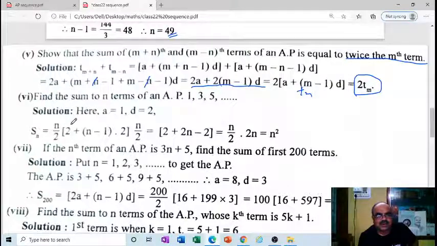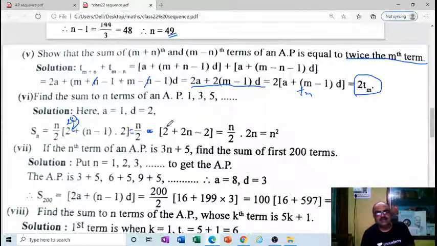2 into 1 is 2. 2a it is, 2 into 1, which is 2. Plus n minus 1 into d. So d is 2. n by 2 into, if I multiply with this, 2n minus 2. n by 2 into 2 plus 2n.